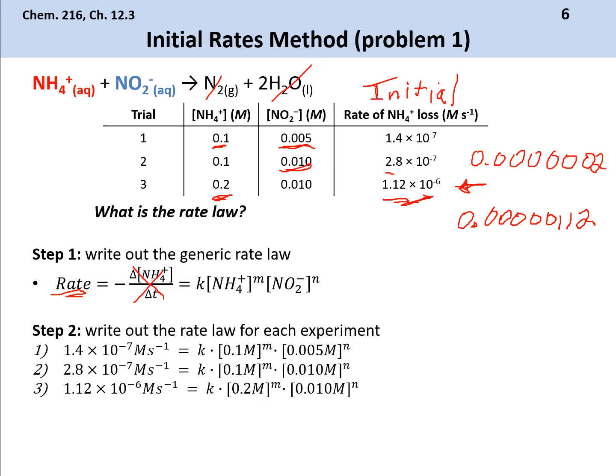Here is my first trial: 1.4 times 10 to the minus 7, that's my first rate, equals k times 0.1 molar to the m for NH4+, times 0.05 molar to the n for NO2-. I can write this 3 different times. Each time my concentrations will change and my rates will change.